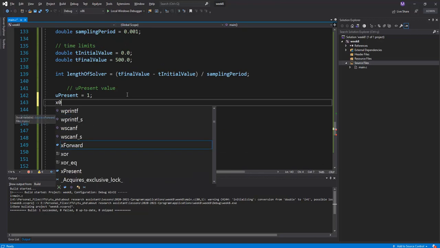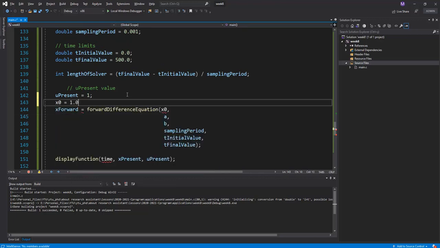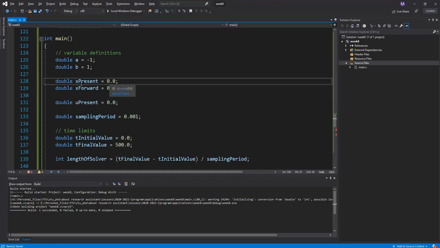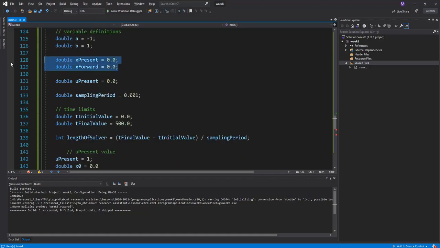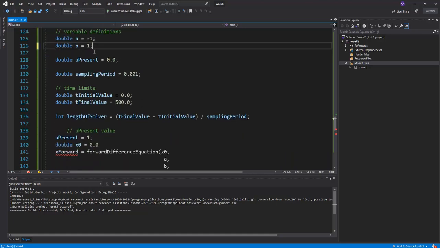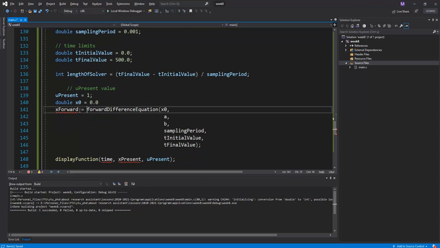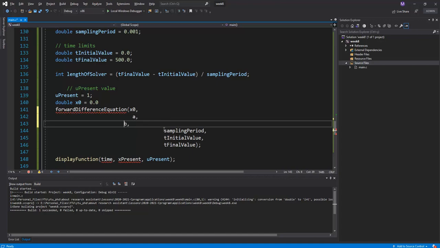The x0 is defined by 1.0 or 0.0. Double x0 is in here, and so the x present and x forward are not used in our algorithm, because the forward difference equation is created in these forms.